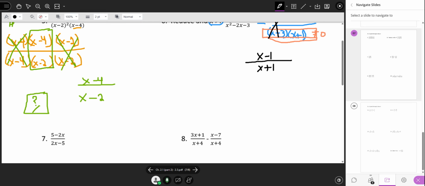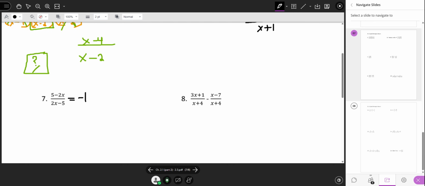Now, number 7 I think is the coolest one. Notice 2x, 2x, 5, 5. Minus in the middle. When this happens, the answer is always minus 1. And let me show you why. If I take minus 1 times the top, and I love this.